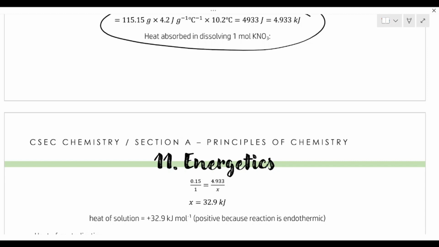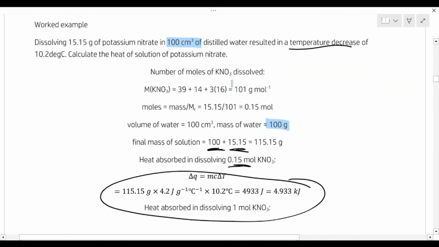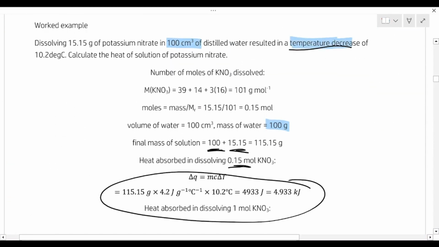And what's very important is this plus sign. And we know that is positive because we were told in the question that it was a temperature decrease. And we know that a temperature decrease means that energy overall was absorbed, which means that it's an endothermic reaction.